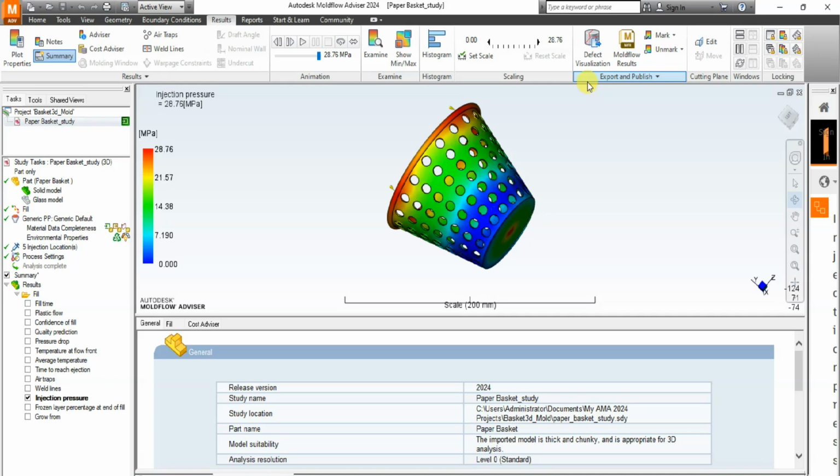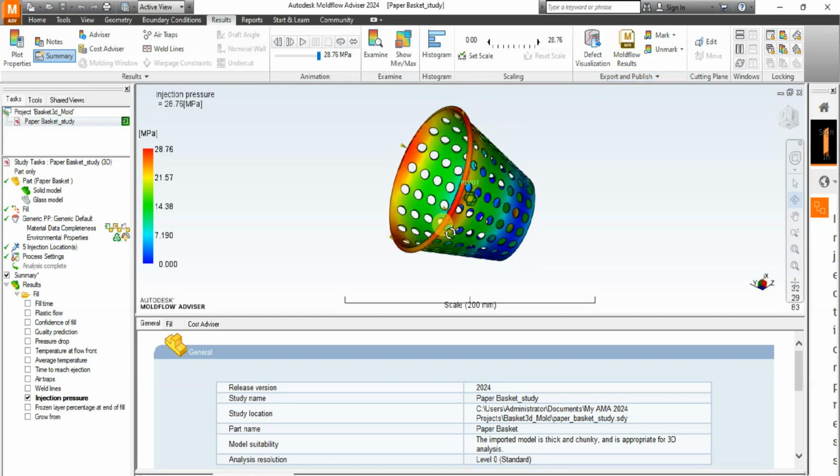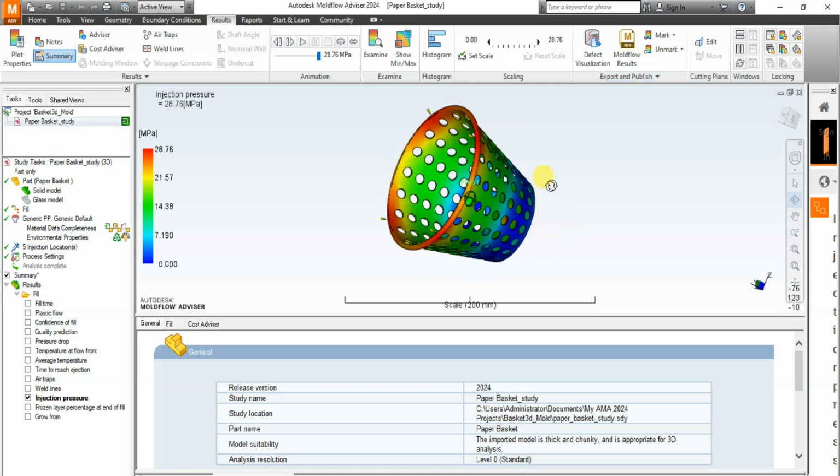Now, we should also take very critical note that the magnitude of the pressure or the pressure gradient depends on the resistance of the polymer in the mold. This is due to the fact that polymer with high viscosity requires more pressure to fill the cavity. So you should take note of that.